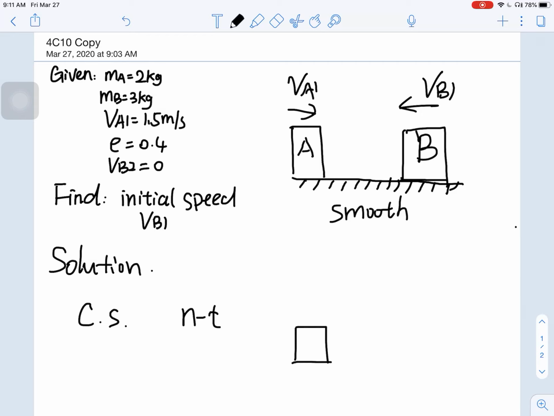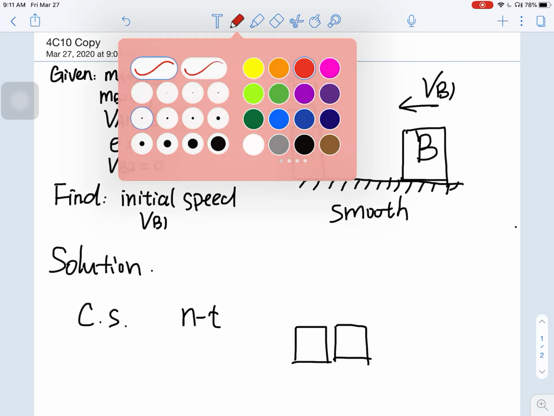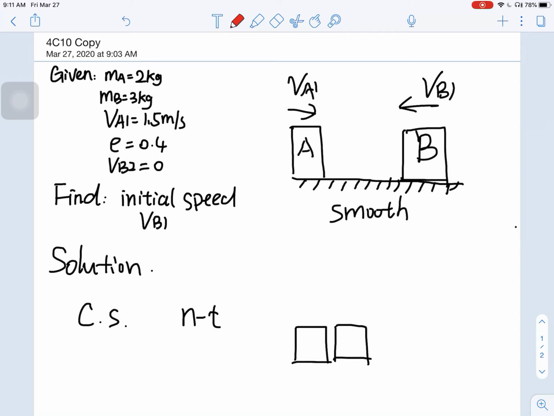In this case, we have two blocks impacting each other, so our coordinate system would have the plane of contact in this direction. This is t, and the line of impact is perpendicular to the plane of contact, so it's in this direction. This is n.